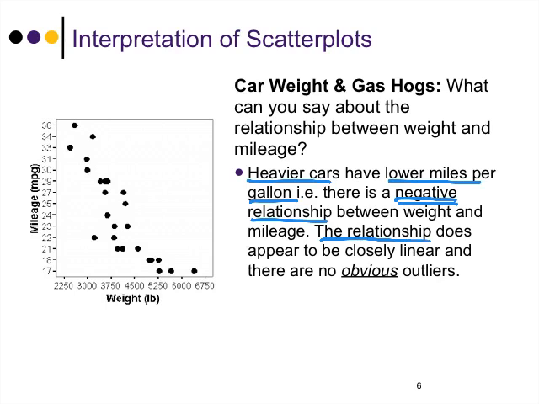It also appears, and this is something we're just eyeballing, that the relationship is closely linear and there are no obvious outliers. Another way of saying that is if we were to use this line here, which we're drawing in blue, that seems like a reasonably good fit, a reasonably good regression model or prediction model. And the negative relationship means that as the weight increases, the miles per gallon appears to decrease.